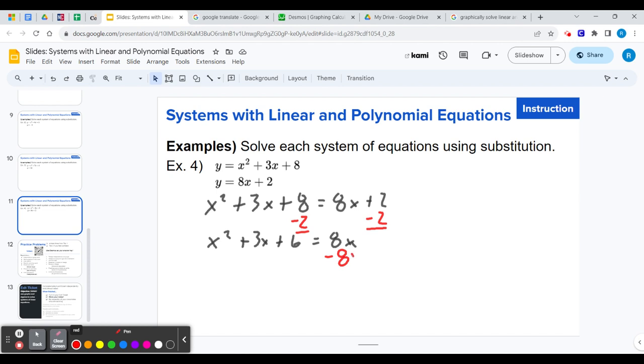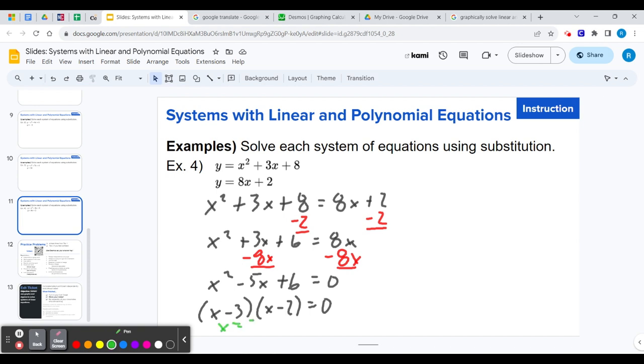Minus 8x, minus 8x, and get x squared minus 5x plus 6 equals 0. That will give us a factoring of x minus 3 times x minus 2 equals 0, which means that my zeros there, x equals 3 and x equals 2, are our solutions.